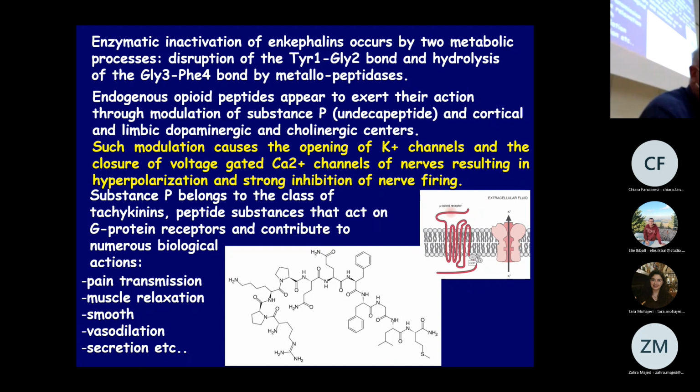So we have an increased efflux of potassium, or positive charge, from the neurons, and in this way we have an increased stabilization of the membrane. So we can block the release of neuropeptide P, and so we block the pain transmission.